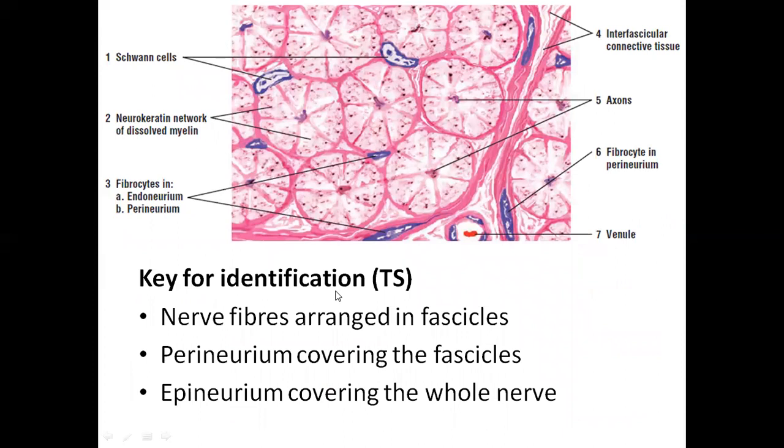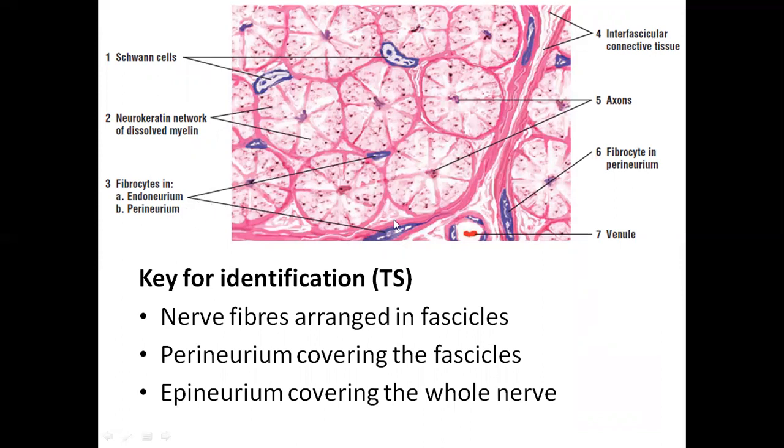The key identification features: the nerve fibers are arranged in bundles. You can see this is one bundle, bundle, bundle, so many bundles are there, in fascicles. The perineurium is covering the fascicles; you can see this is the perineurium.